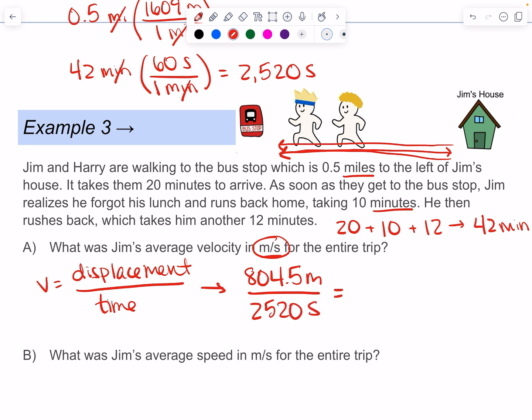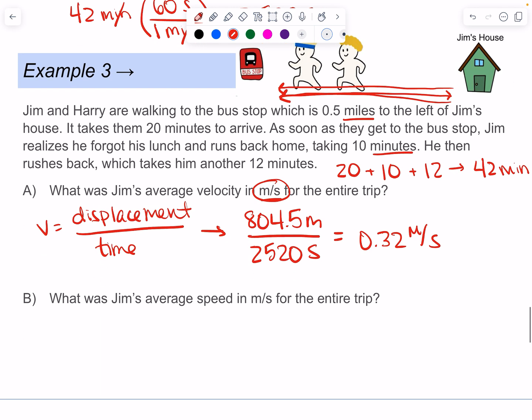So he has an overall velocity of 0.32 meters per second.